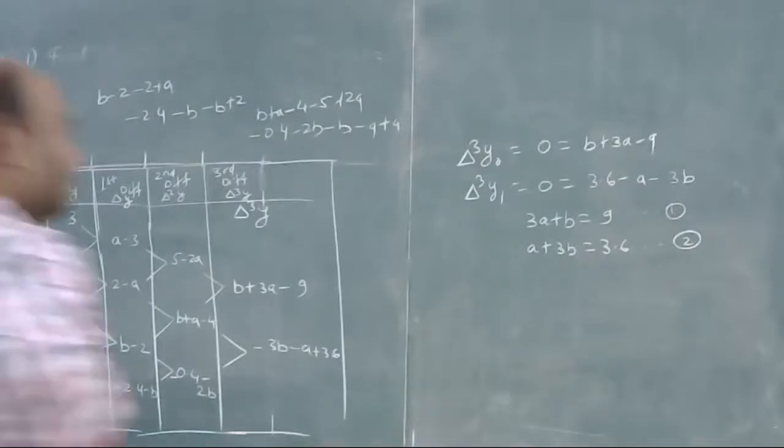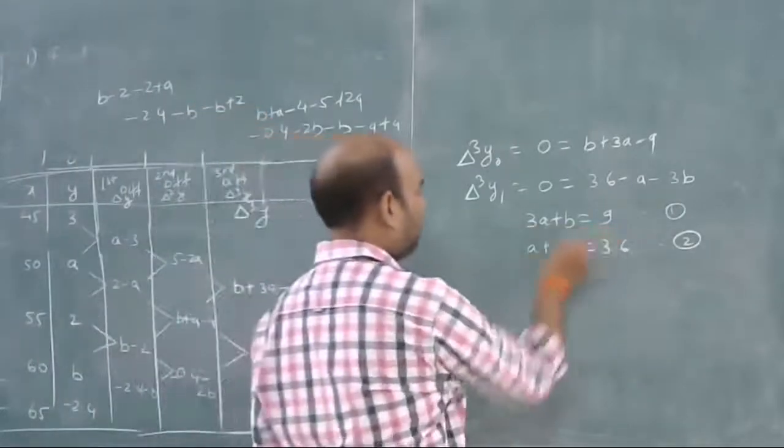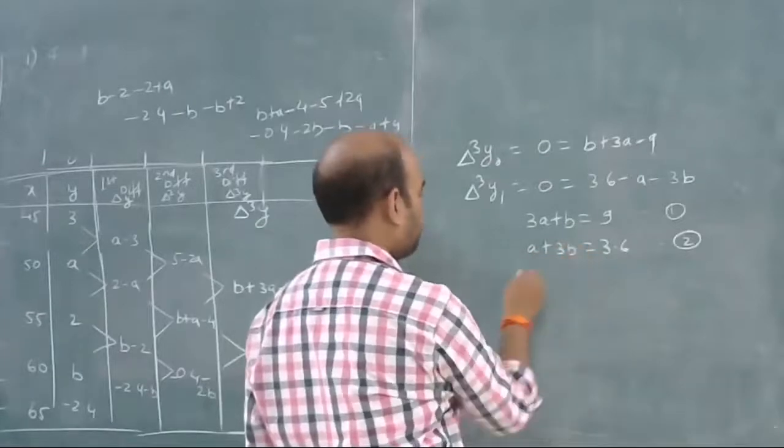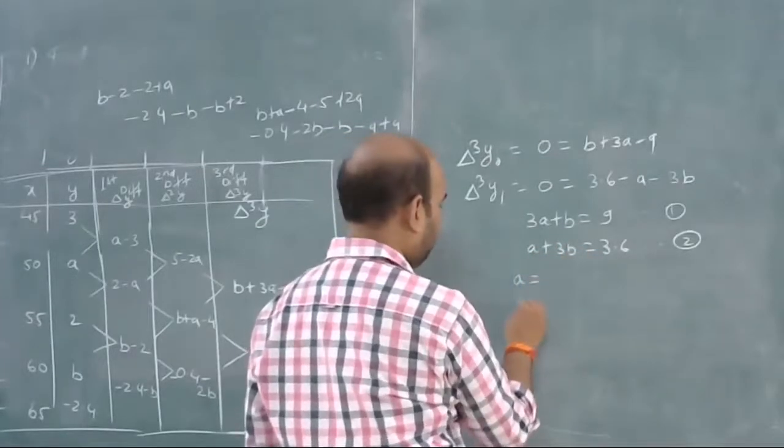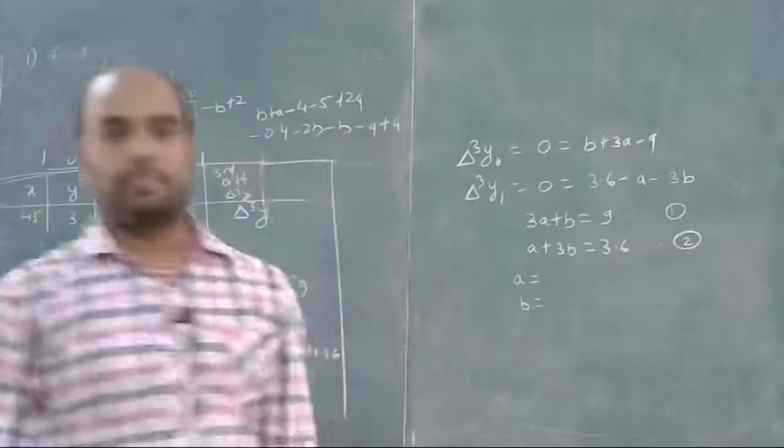So solve these two equations, 3a plus b is equal to 9 and a plus 3b is equal to 3.6. Find the value of a and find the value of b.